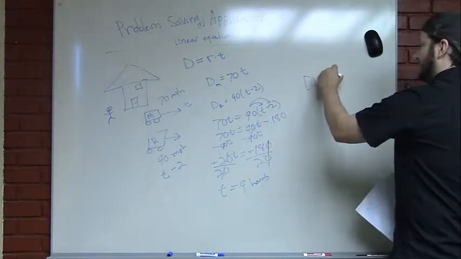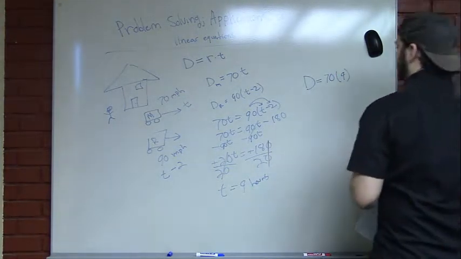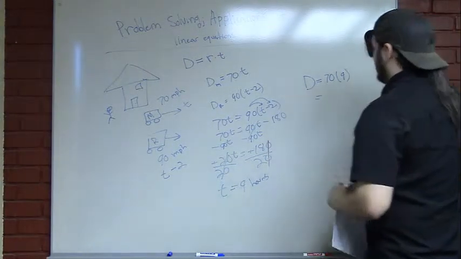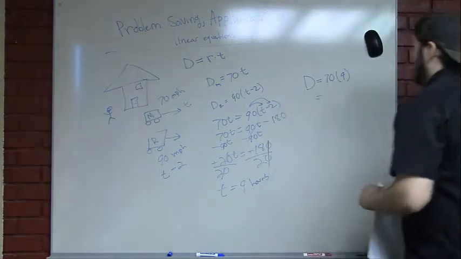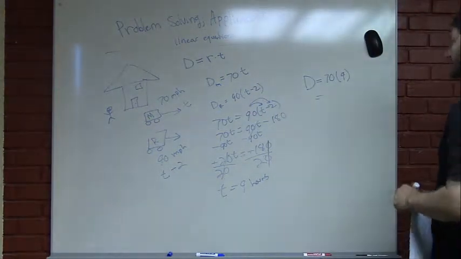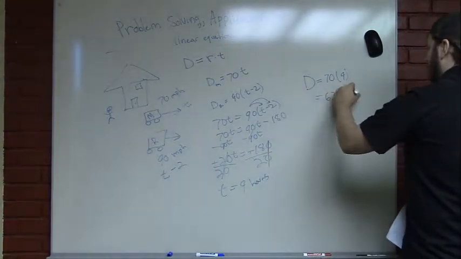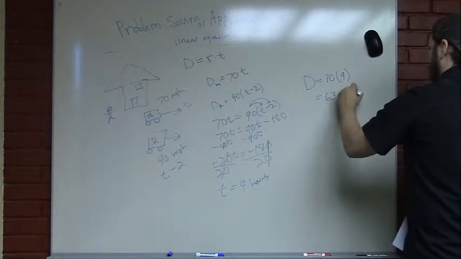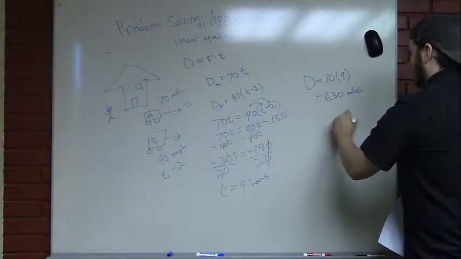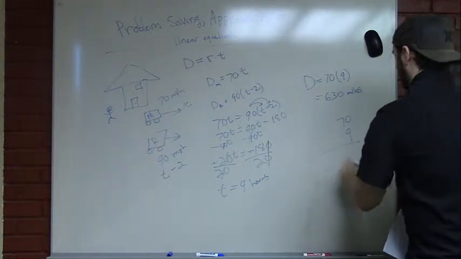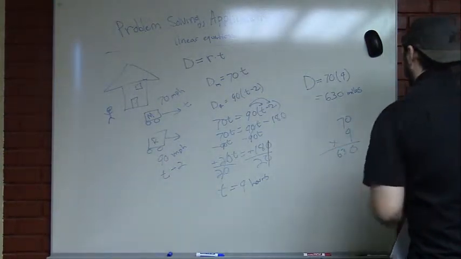So you have 70 times t, which is 9 hours, okay? And 70 times 9 is going to be, what is that? It's going to be 630, I believe, miles, okay? And just to make sure, 70 times 9, 0 times 9 is 0, 7 times 9 is 63.